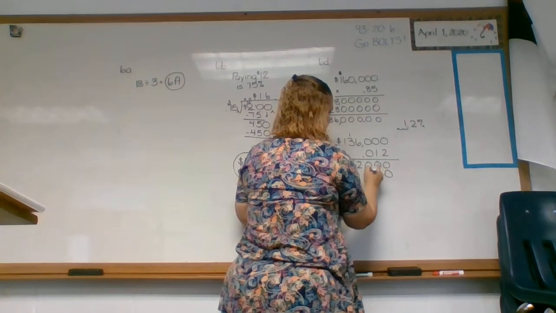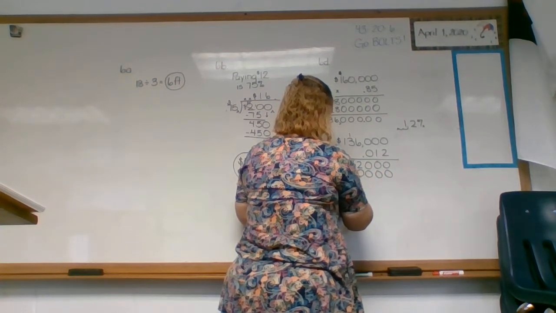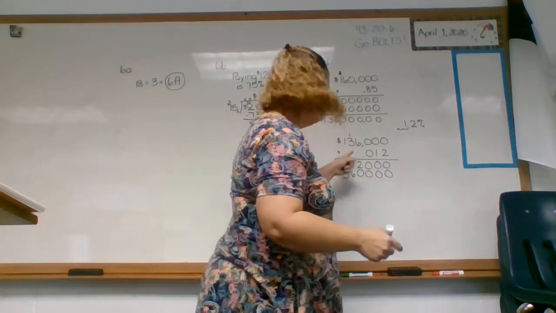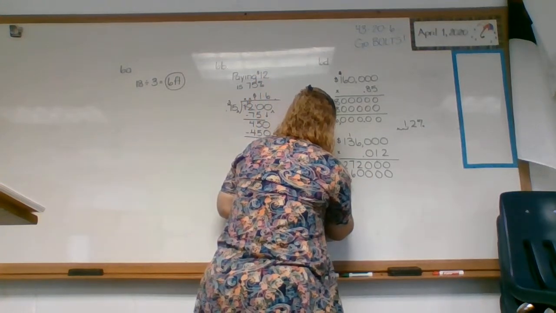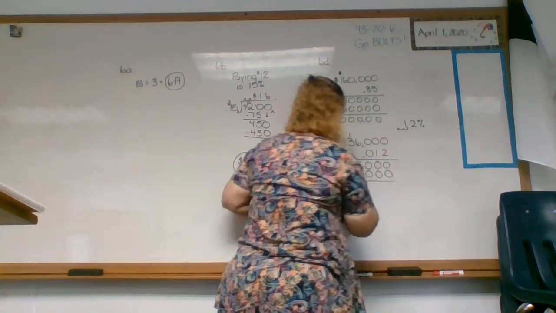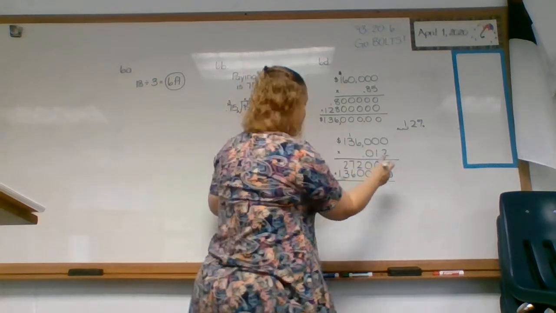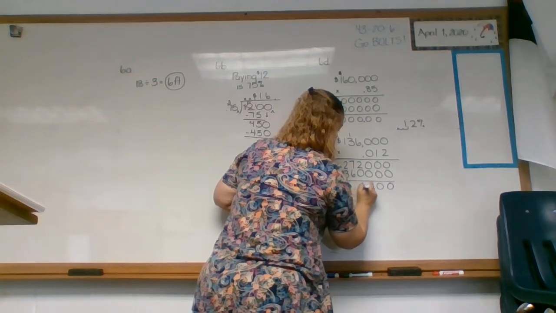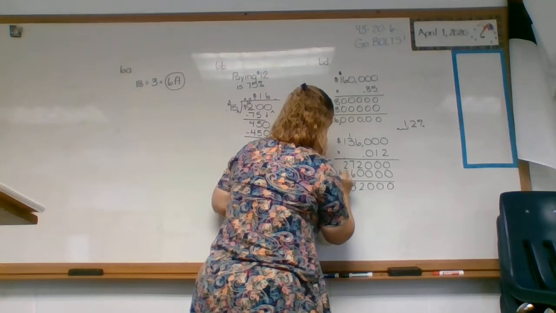1 times 0, 0, 0, 6, 3, 1. I could put zeros and go multiplying by zeros, but it's 0. So why waste all that time and energy when I can use my brain? And just remember, I will need 3 decimal points in my answer. So we add them. 0, 0, 0, 2, 13, 6.